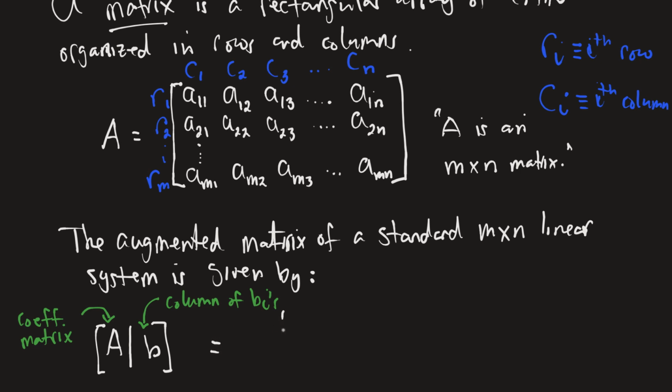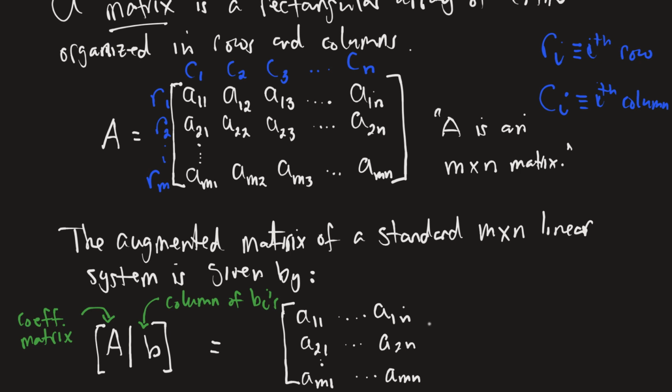If we were to expand it now, this is what it would look like. I'm not going to write too many more entries, but here are the coefficients, and I'm leaving out a few of them, just to give you a sense: dot, dot, dot, and then Am1, dot, dot, dot, Amn.